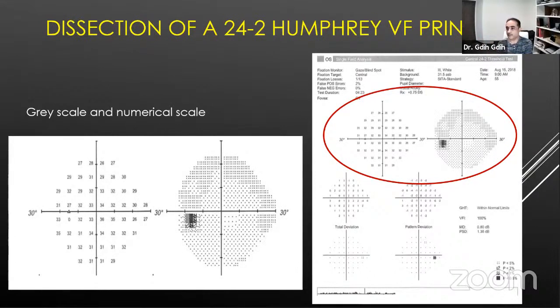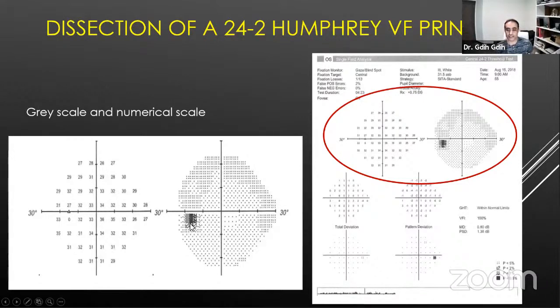This is helpful particularly in glaucoma patients, because we know most of the early visual field defects in glaucoma are nasal steps. So this will ensure that we're not missing a nasal step. And also it helps you determine the orientation of the visual field. Wherever the points go all the way to 30 degrees, that's where the nose is. If you see a scotoma here, that's a nasal scotoma.